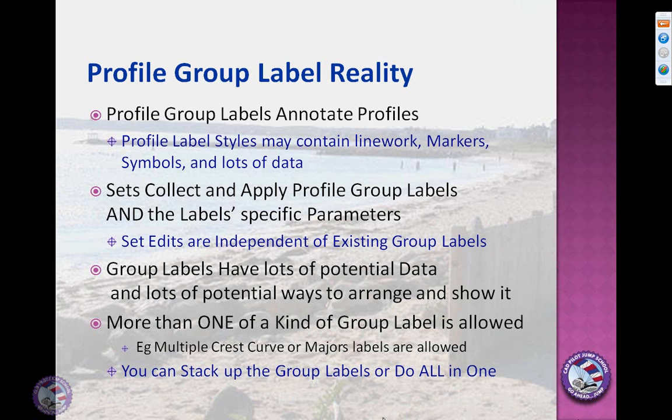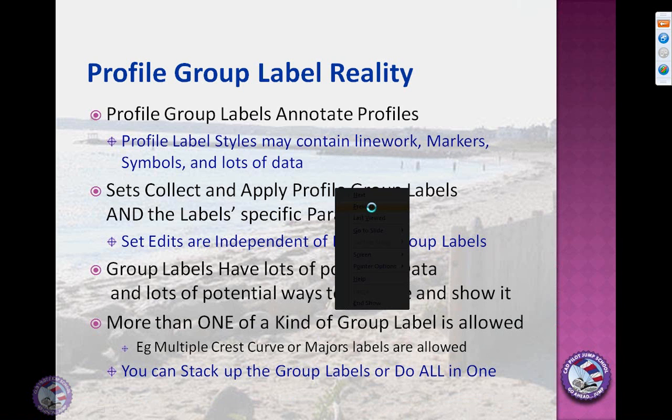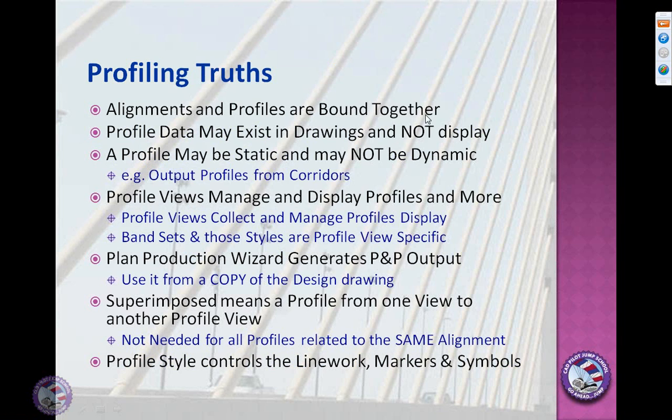Okay, seeing all that kind of stuff, I'm going to go to the previous screen here. Remember that the alignments and the profiles are bound together, and that profile data can exist in a drawing and not display. Just because it doesn't show doesn't mean it's in there.